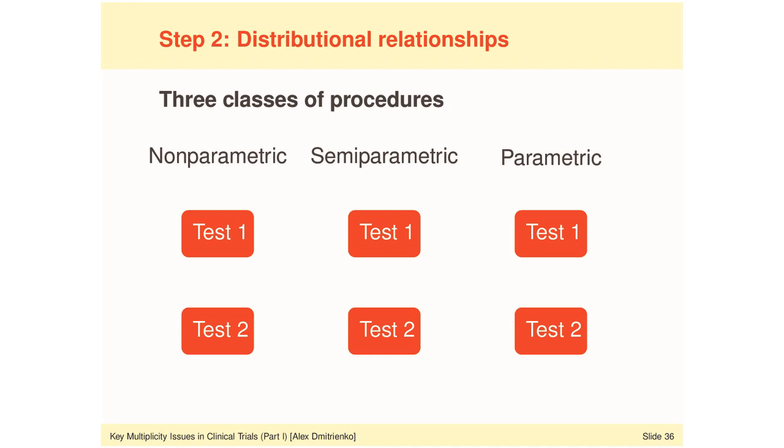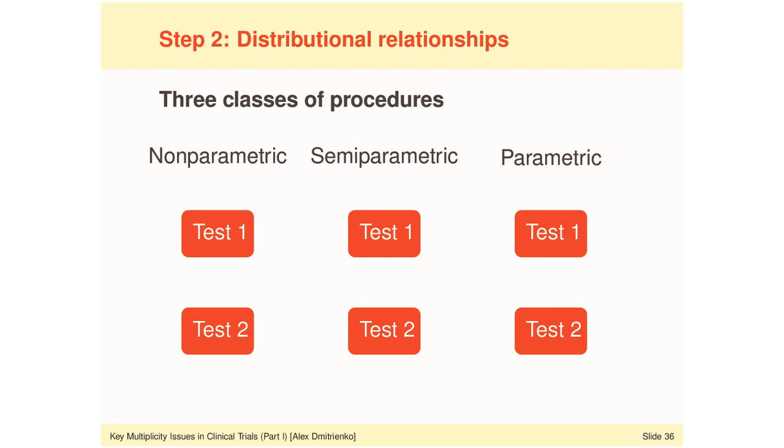For example, we may assume in a certain clinical trial that the test statistics follow a multivariate normal distribution, but the correlation coefficients are unknown. In this sense, the semiparametric approach is somewhere in between the parametric approach on the right and the nonparametric approach on the left.